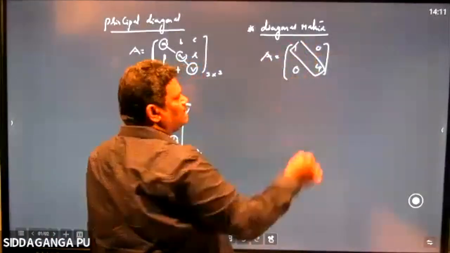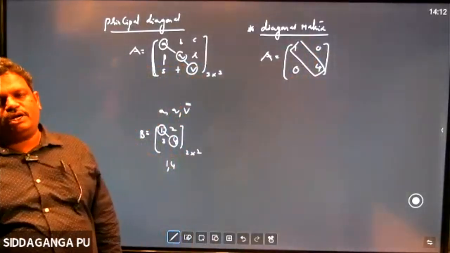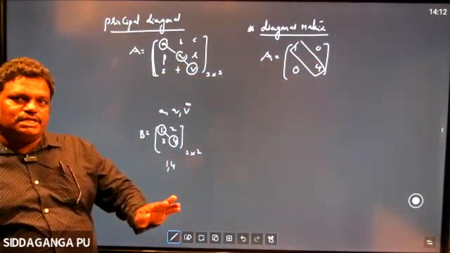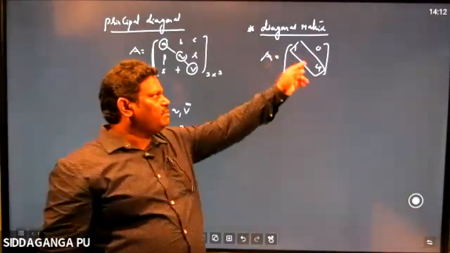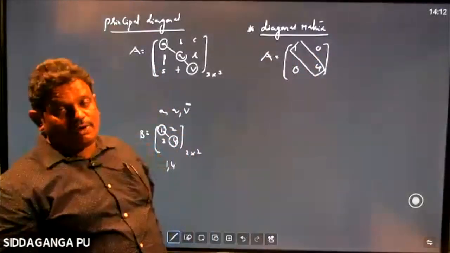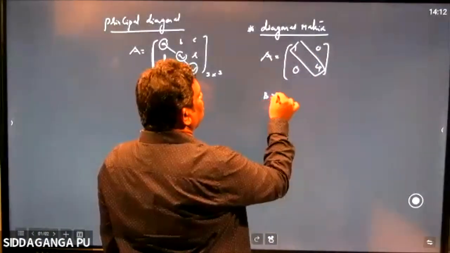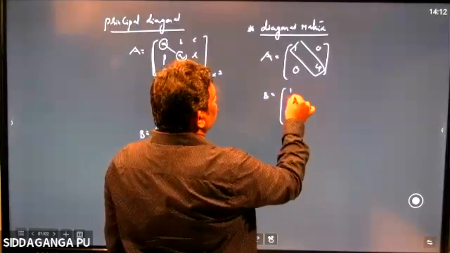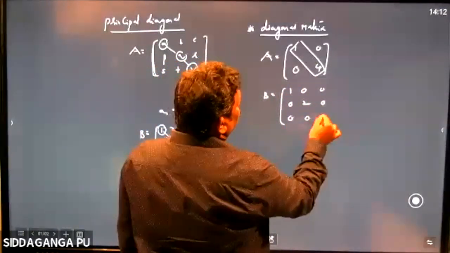In the NCERT textbook, a diagonal matrix means a square matrix where all elements are zeros except the principal diagonal elements. Such a matrix is said to be a diagonal matrix. This is a 2 by 2 matrix. A 3 by 3 example is 1, 0, 0, 0, 2, 0, 0, 0, 3.